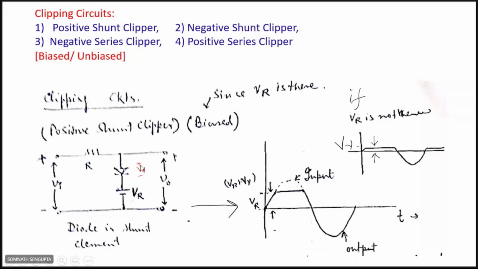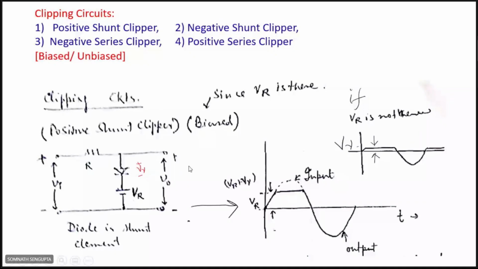So when Vi minus Vr is greater than V gamma. Yes, Vi minus Vr is greater than V gamma. Correct, very good. And that means when Vi is greater than Vr plus V gamma. The same thing? Is it the same? Yes, sir.